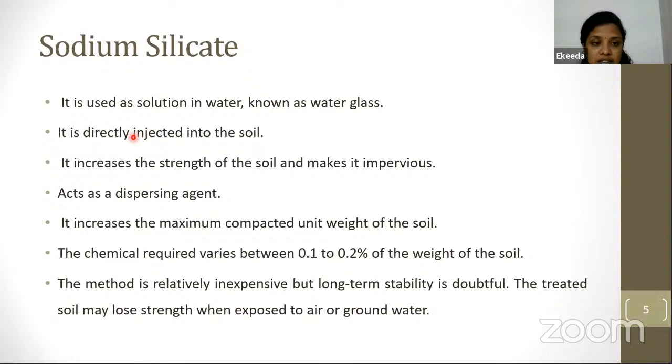So by adding sodium silicate, we can stabilize the soil, but for a shorter duration of time. Long-term stability cannot be expected from this kind of treatment. The treated soil may lose strength when exposed to air or groundwater. So this is the second chemical that we add to the soil to alter the property of the soil.